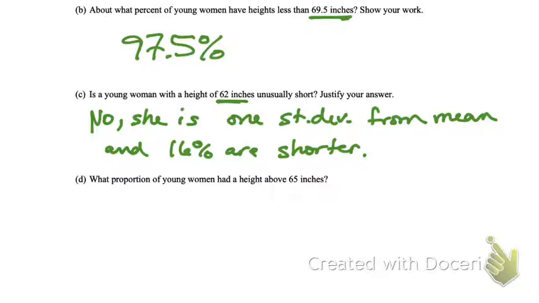Okay, can you guys at least give me an estimate? Is it more or less than 0.5? What proportion of young women have a height above 65? Wait, why would it be 0.5? 65 is just to the right of the mean, right?